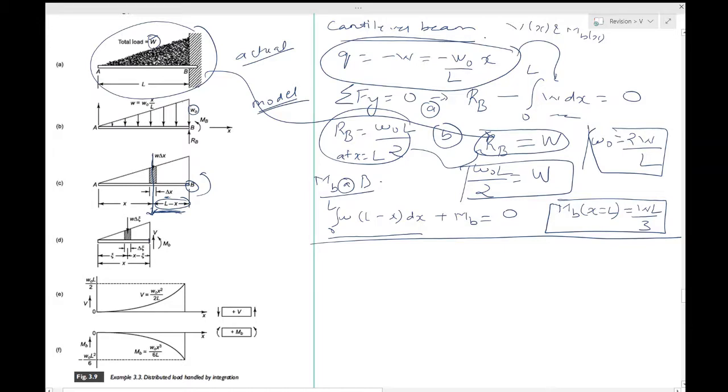At any interior point, what would that be for this loading? To do this, you have to take an arbitrary section of length x, and it can be anywhere from 0 to the final L.